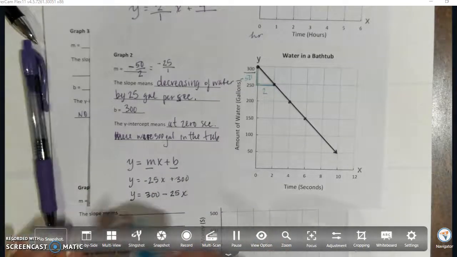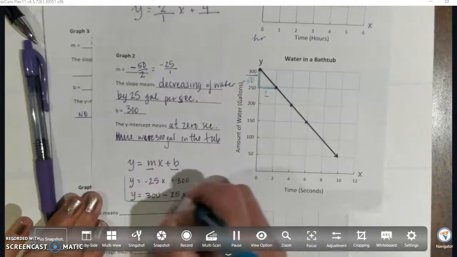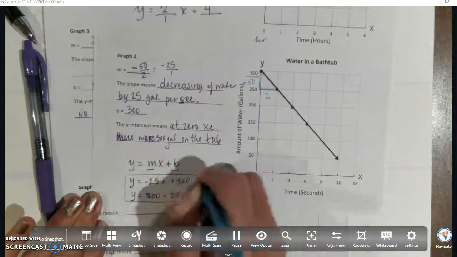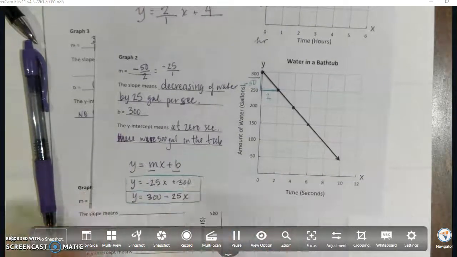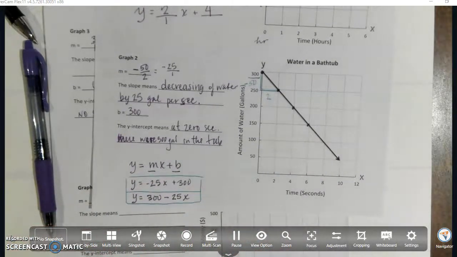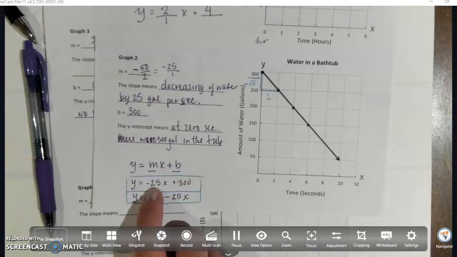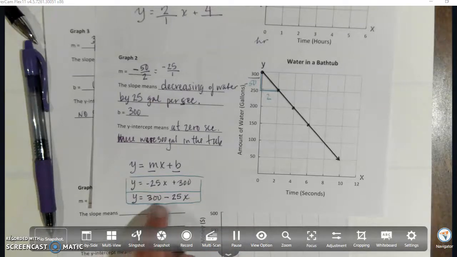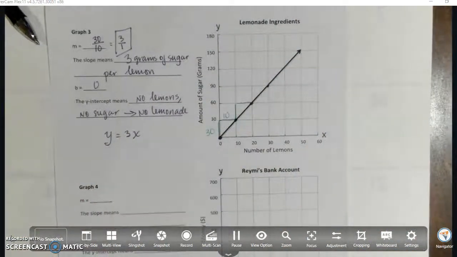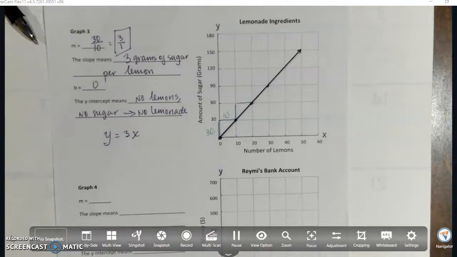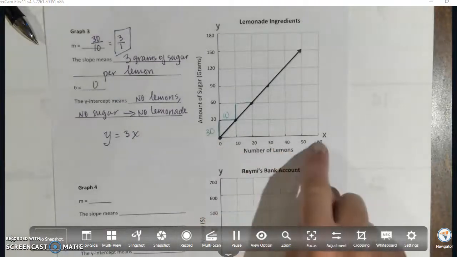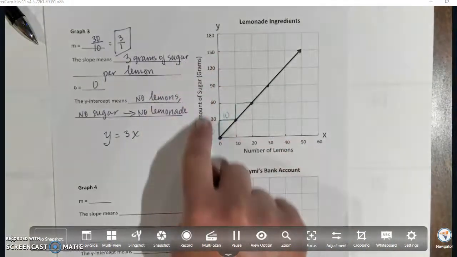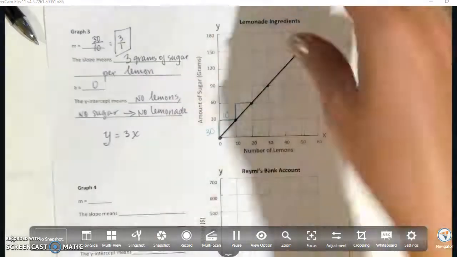So both of them are correct. We've seen both formats. Just want to make sure that you are comfortable with both and understanding that 25 over 1 is still a slope, 300 is still a y-intercept in either one of these formats. So back to the lemons, everything is very straightforward here, proportional graph. Just make sure you are paying attention to the scale of your graph to interpret the meaning.